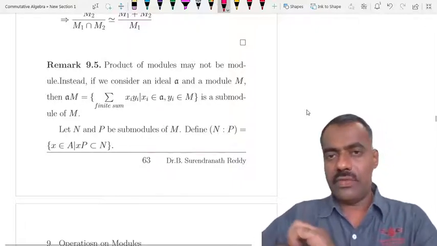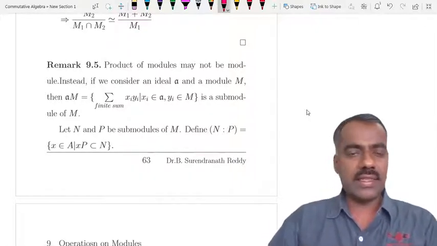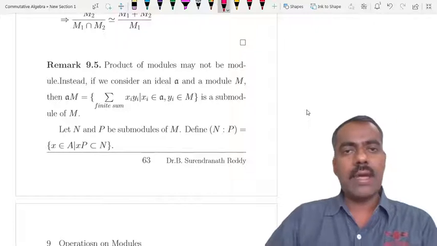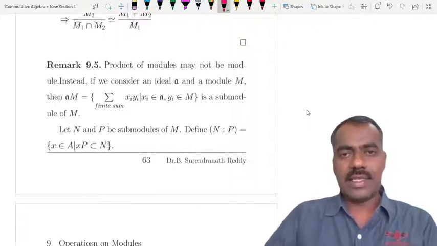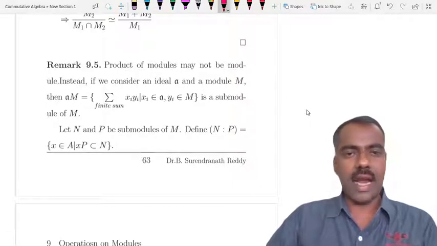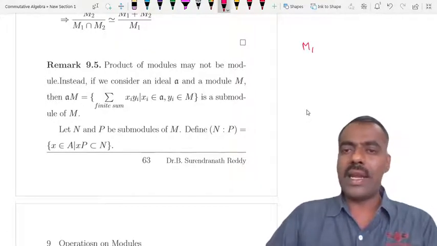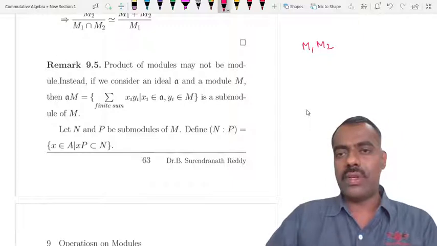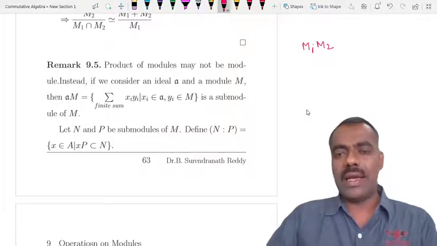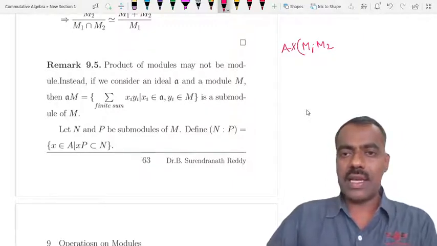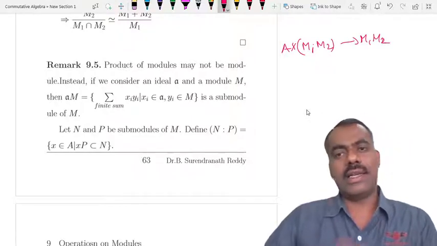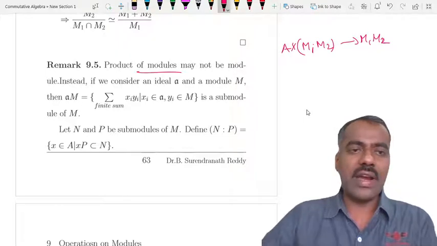Now we have seen some of the ideals, intersection of ideals, quotients and so on, but one can easily see that we may not be able to define what is meant by the product of ideals. Suppose we have m1 and m2, we don't know how this product looks, and whether we get a module or not is not clear. So the product of modules may not be defined.